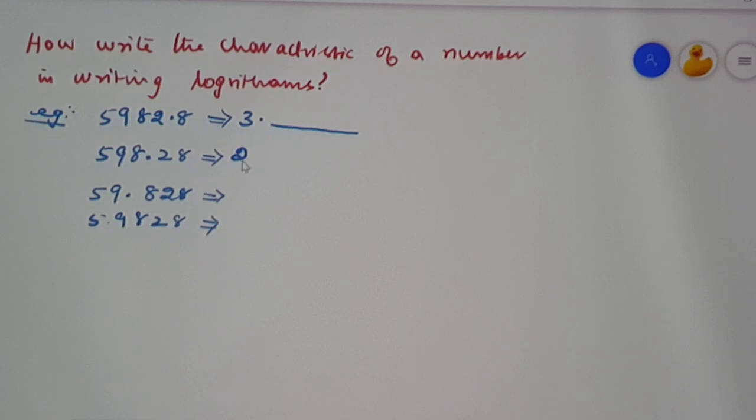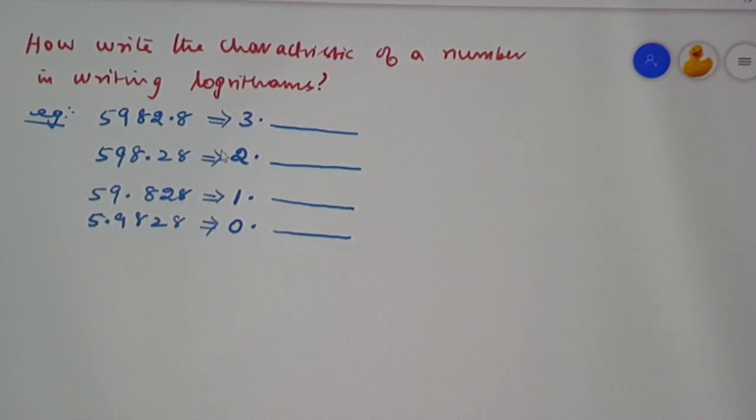So the characteristic is 2 point. Then you have to get the same logarithm value. If you are having 59.828, then the characteristic will change, because before the decimal point you are having only 2 digits. So then it is 1 point. If you are having 5 point, before the decimal point you are having only 1 digit, then the characteristic is 0 point. Are you able to understand how I have written?